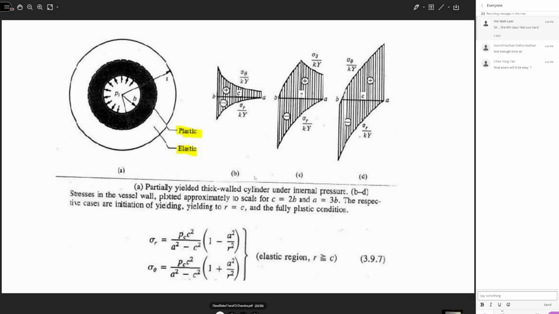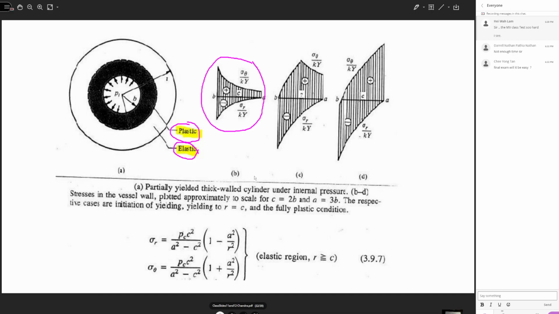You can see here the representation when part of the cylinder is under plastic and partly under elastic. This is how the radial stress and tangential stress will change.